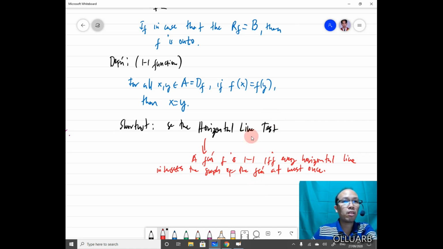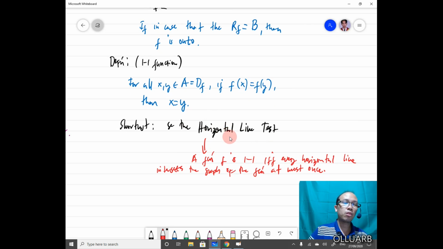I'm not sure, but this test is used to determine if the given graph is a function in the first place. And then, this test is used to determine if the graph of the function is one to one or not. Okay, but you cannot use this in the solution.